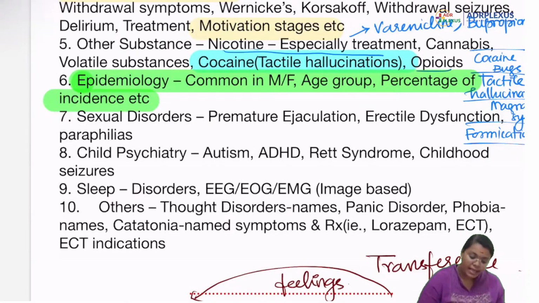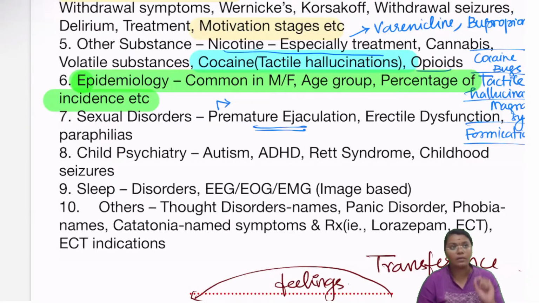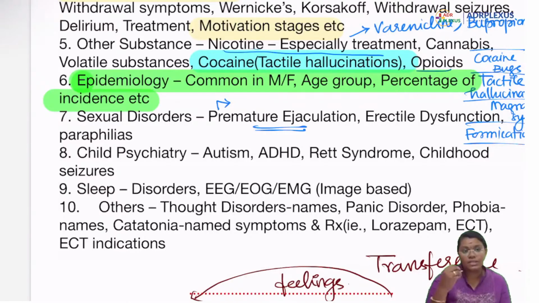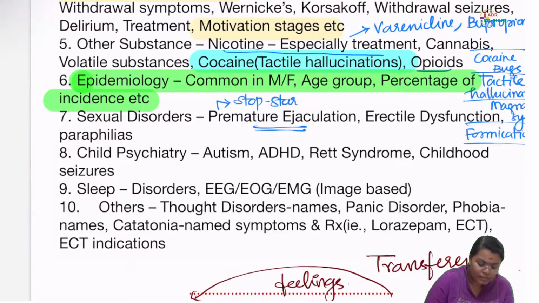Okay. And sexual disorders, again, there has been a question on premature ejaculation. What was the question? The question was, which of these can be used as a treatment for premature ejaculation? And there was this stop-start technique.